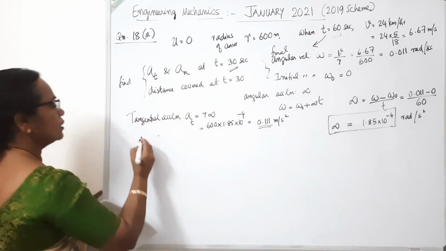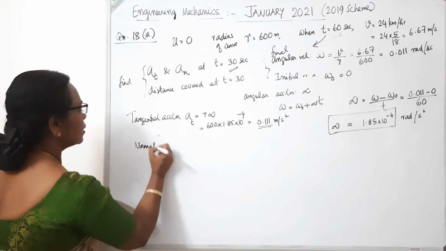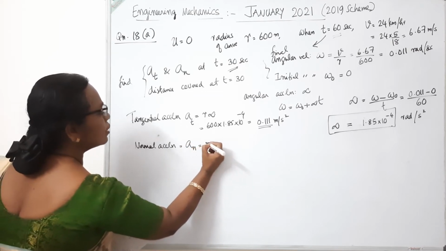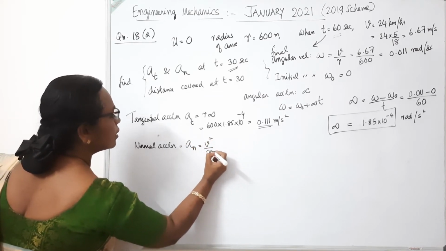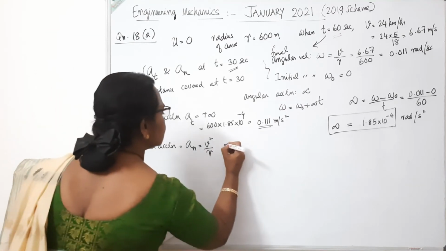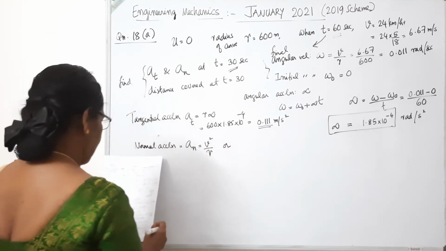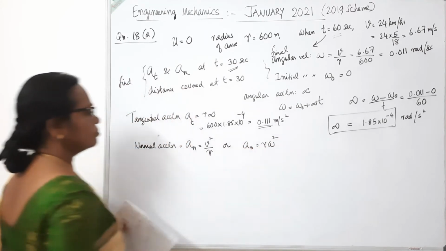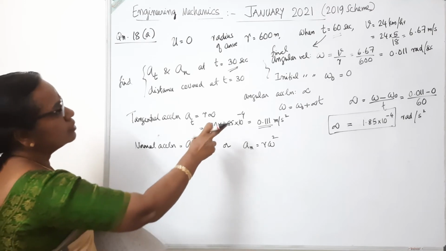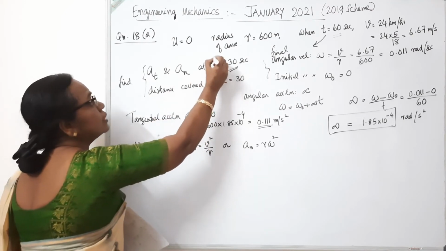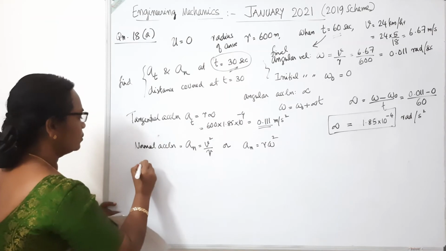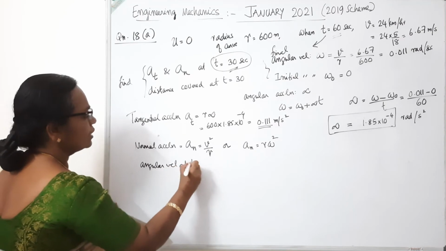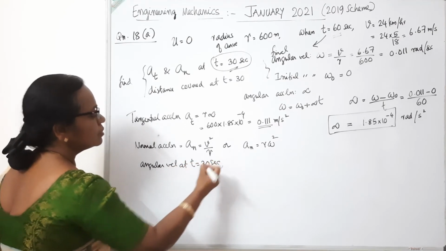Now the normal acceleration a suffix n is equal to v squared by r, that is also equal to r omega square. We have to find out at t is equal to 30 seconds, so we have to find out the angular velocity at t is equal to 30 seconds.